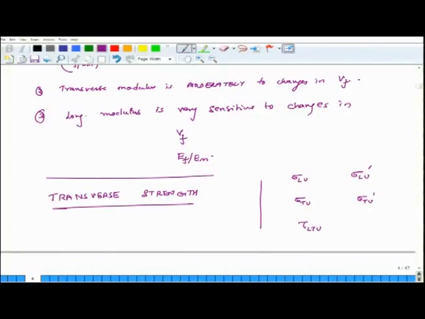What we will discuss in the next class is transverse strength, and specifically we will be talking about this particular parameter. Later in the week, we will also address sigma Tu prime and sigma Lu prime. Earlier in this course, we have talked about sigma Lu, how to predict it, and now we are going to discuss how to get an estimate of sigma Tu.